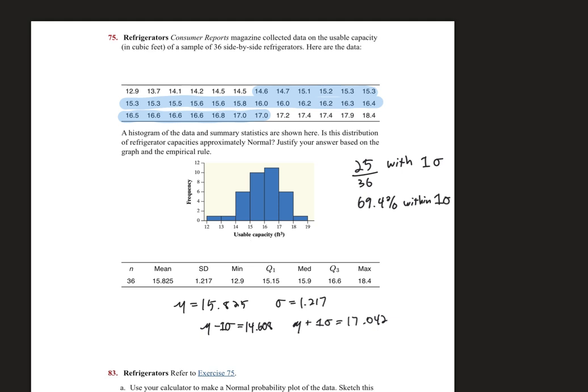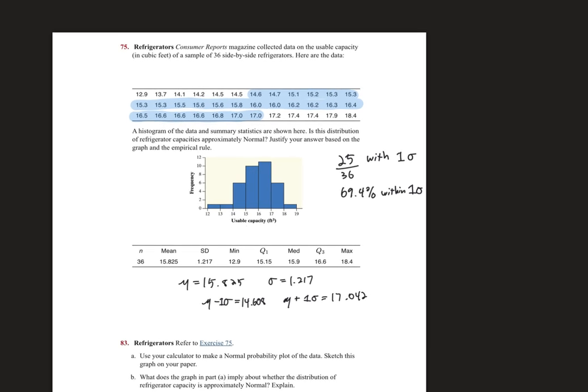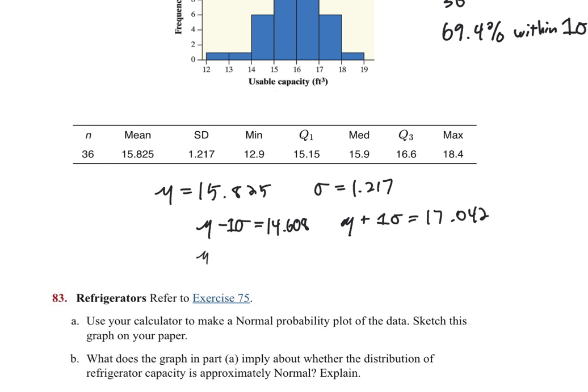If you did 2 standard deviations, maybe we'll just go to 2. Let's do the same thing. Let's look at the mean minus 2 standard deviations, and the mean plus 2 standard deviations.